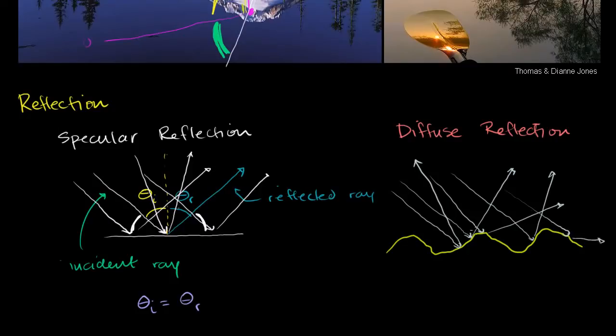So the general idea with diffuse reflection is that the reflected rays are going in all sorts of crazy directions, and they're getting all mixed up. So if you had an image here of the sun, and I'm not drawing it in particular, but let's say these rays right here are coming directly from the sun, then when they reflect, it'll preserve the image.